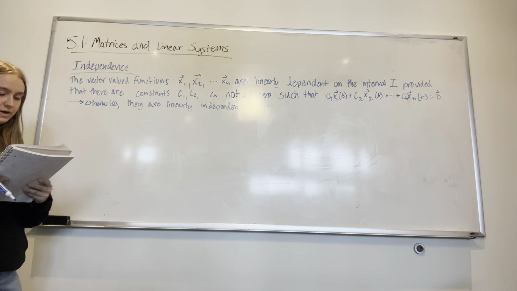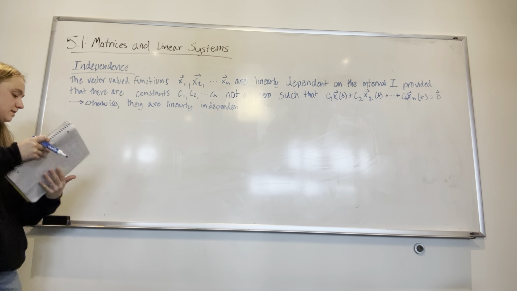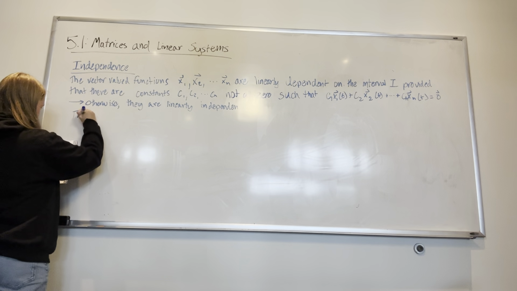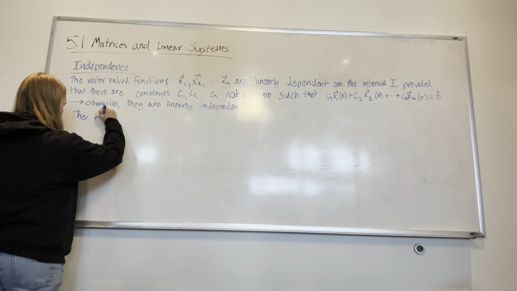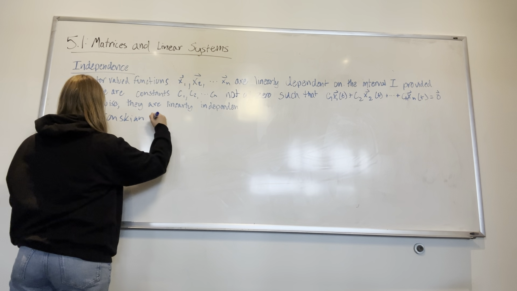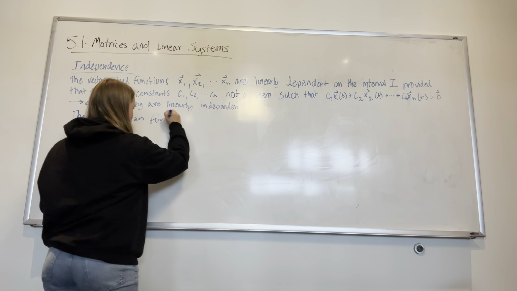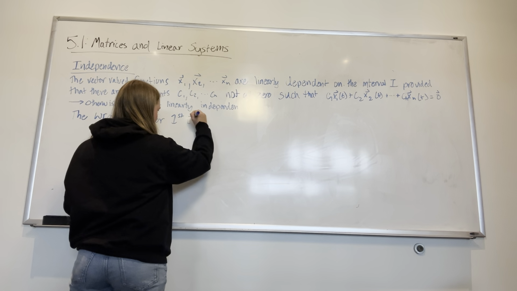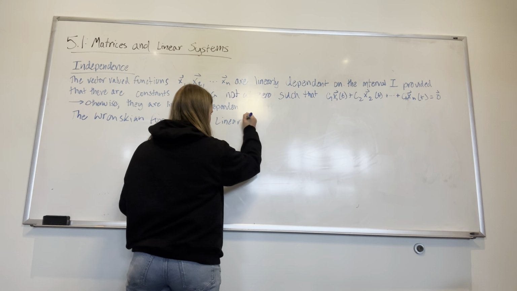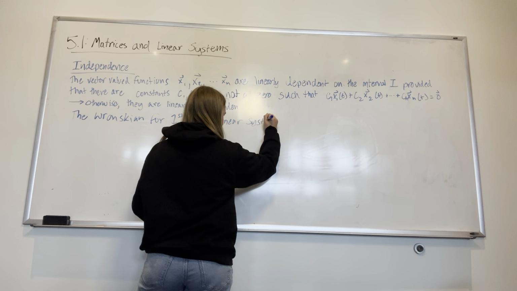And how we determine this is the Wronskian, which we discussed earlier. The Wronskian for first order linear systems.